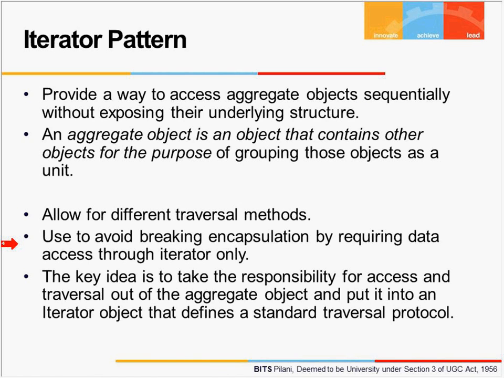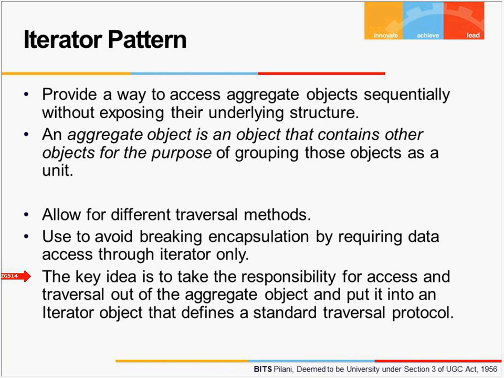So the key idea that this iterator pattern aims to implement is that the traversal of an aggregate object is moved outside the aggregate object and moved into the iterator object. This helps preserve the concept of encapsulation, right?